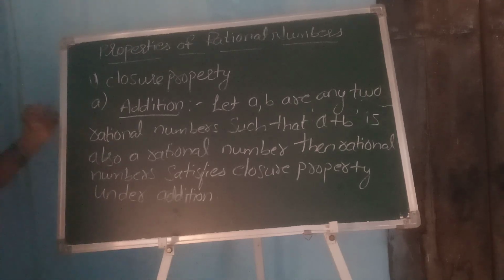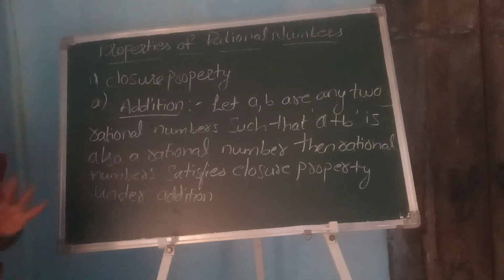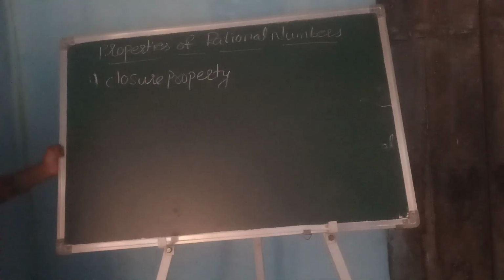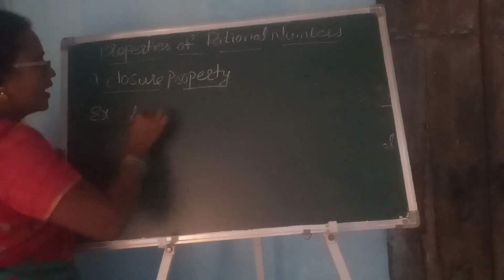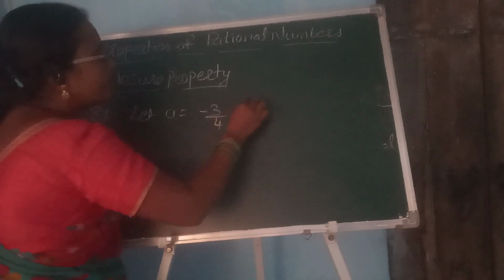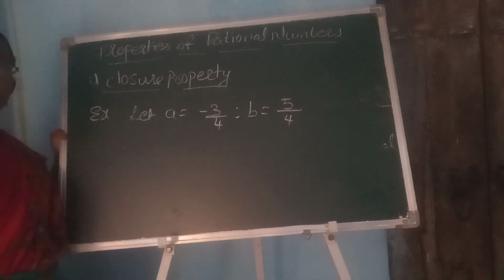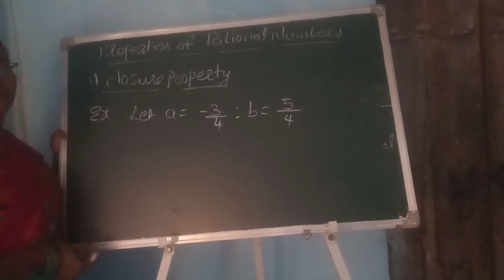Now, for this property we are going to see an example regarding the closure property under addition. Example: let a is equal to minus 3 by 4, b is equal to 5 by 4. I'm taking like fractions here for a and b, to make the addition or subtraction easy.